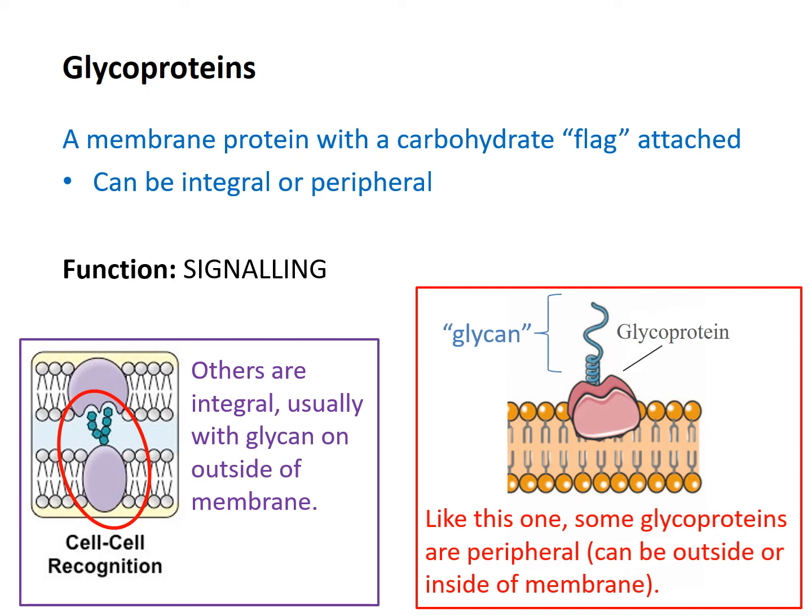And in this case, usually their glycan is located on the outside of the membrane, doing some signaling to the world outside the cell. An example of an integral glycoprotein is the ACE2 receptor, where SARS-CoV-2, which is the virus that causes COVID-19 disease, docks in order to gain entry into host cells.